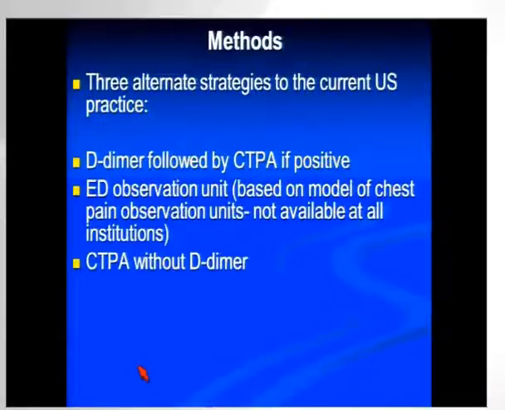We proposed three alternate strategies to the current U.S. practice. These included D-dimer followed by CTPA only if the D-dimer is positive, an ED observation unit, which is based on the model of chest pain observation units. We understand that these are not available at all institutions. And finally, performing CTPA initially on all of these patients.